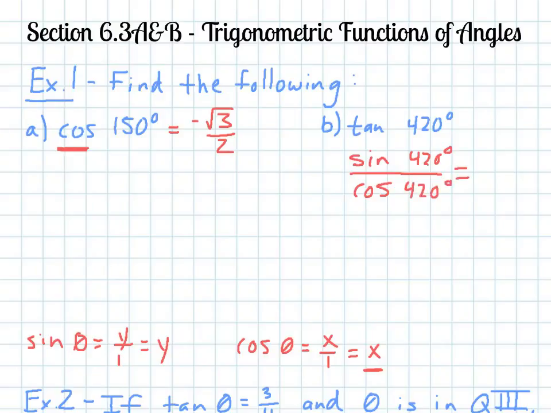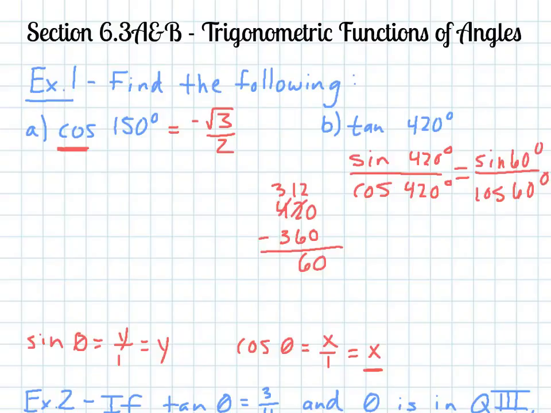So I need to find where 420 is. Okay, so if you need to, you can take 420 and subtract 360 to get it in between 0 and 360. So that would give me 60 degrees. Okay, so it would be saying the sine of 60 degrees over the cosine of 60 degrees.